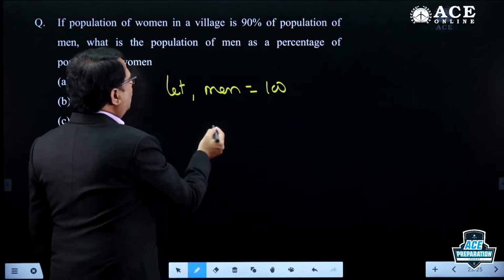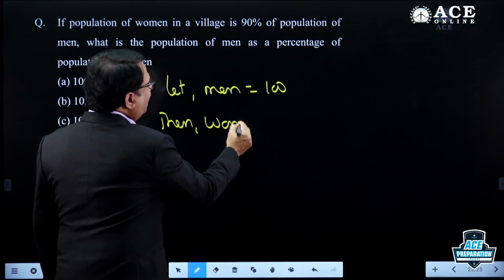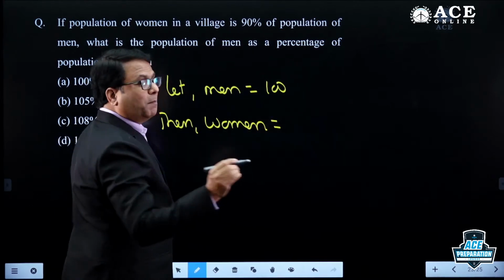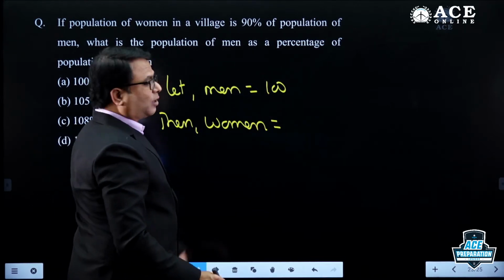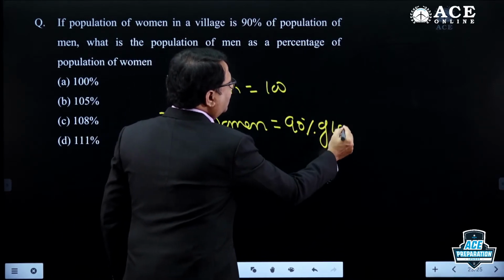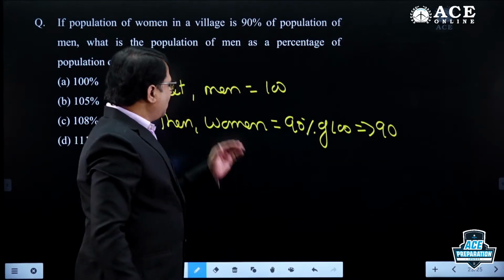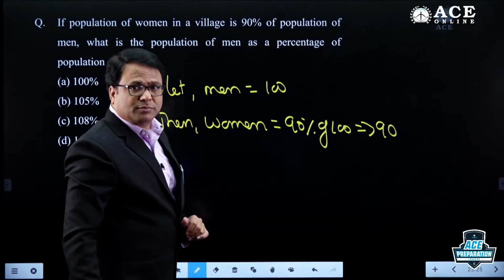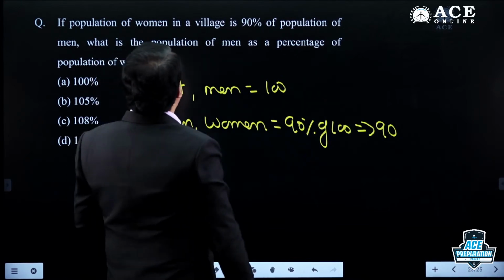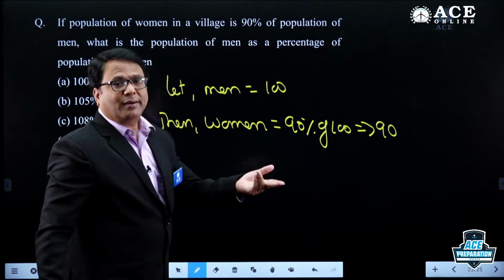Then women would be 90% of men. That means 90% of 100. That is 90. So, if you assume men as 100, then women would be 90. Then what is the question? Population of men as a percentage of women.